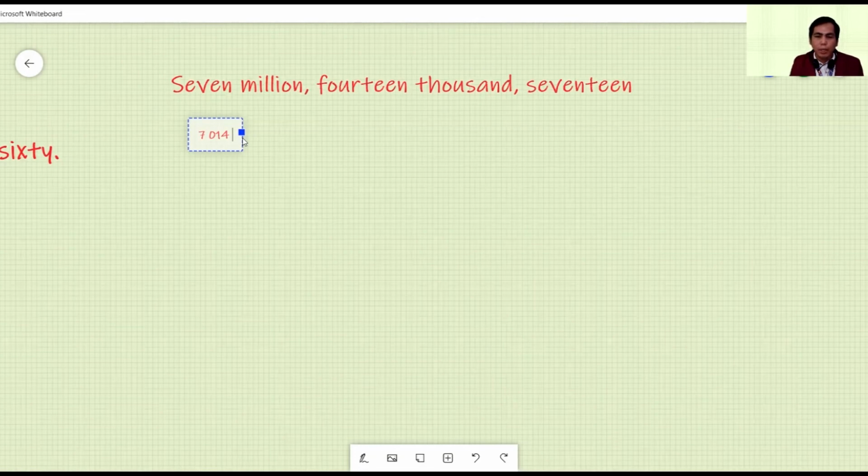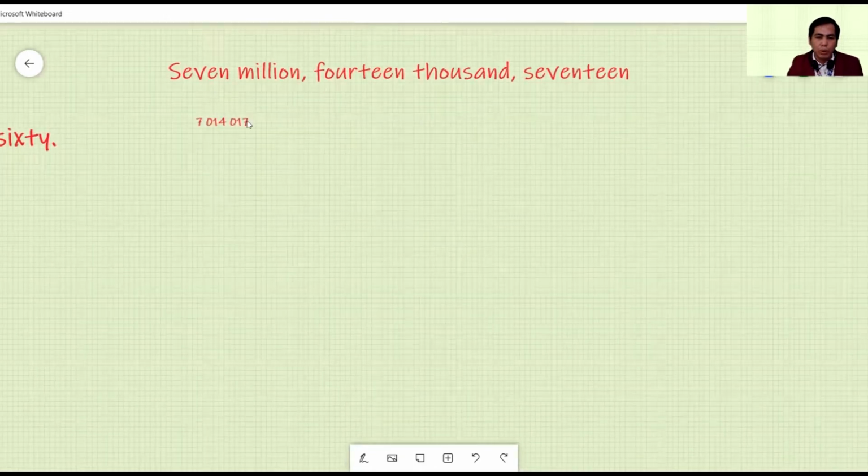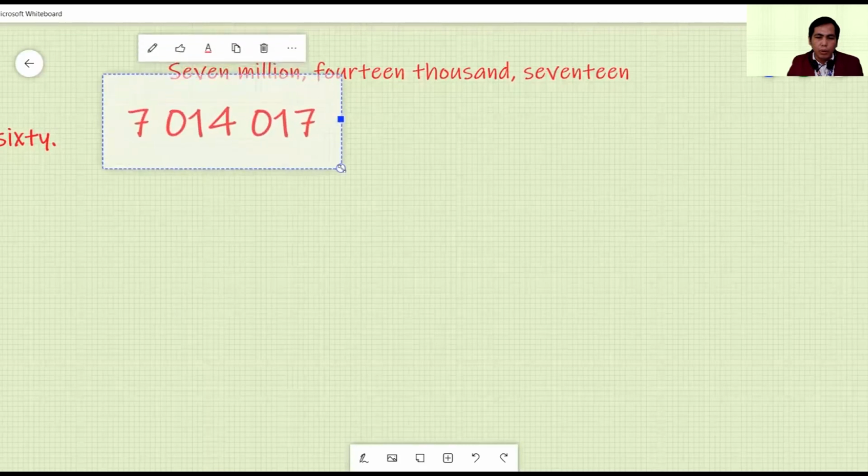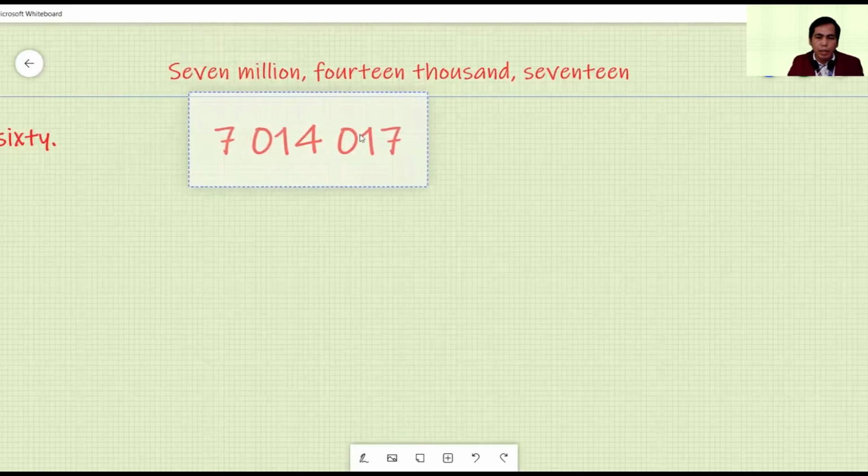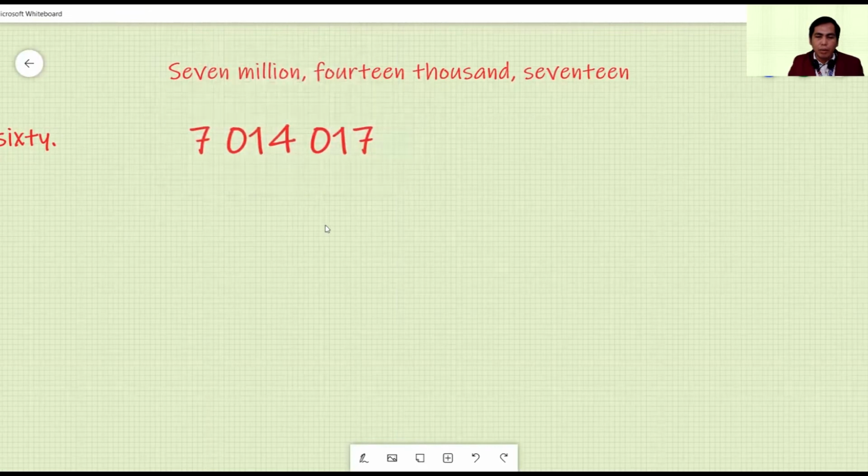The ones period has also 3 columns or 3 digits. 17, 2 digits, 1 and 7. So we have also to include 0, 1, 7. So you have here 7,014,017.